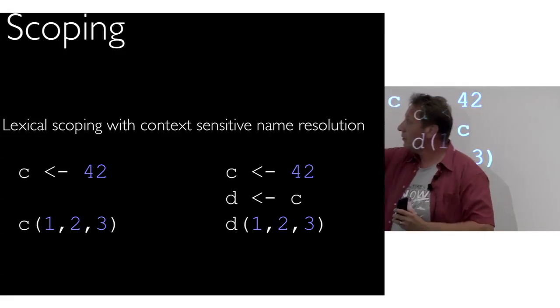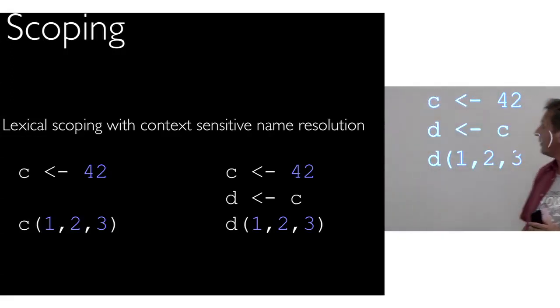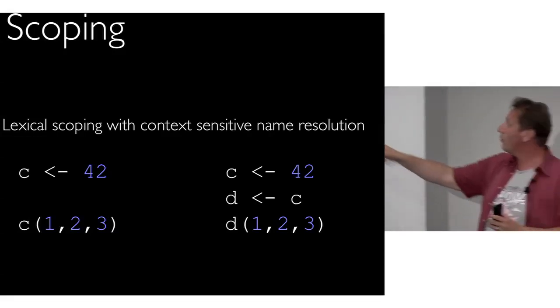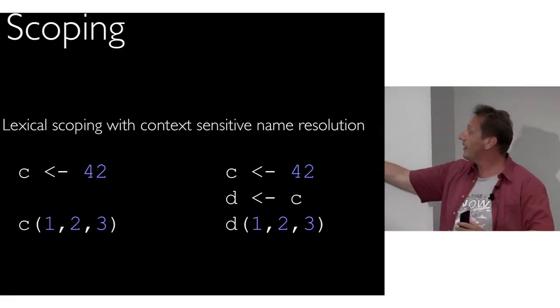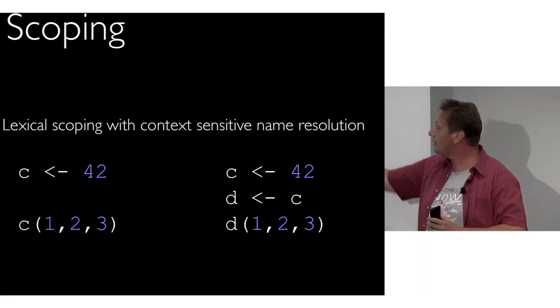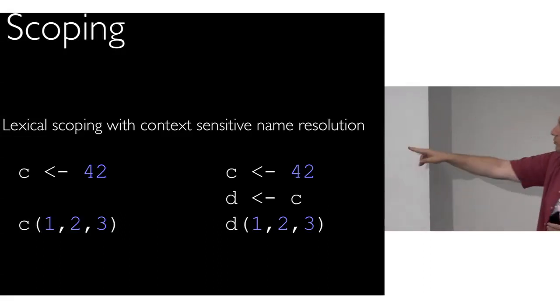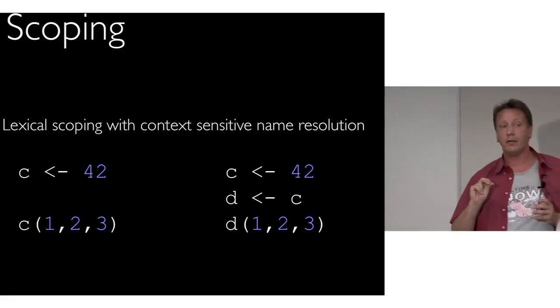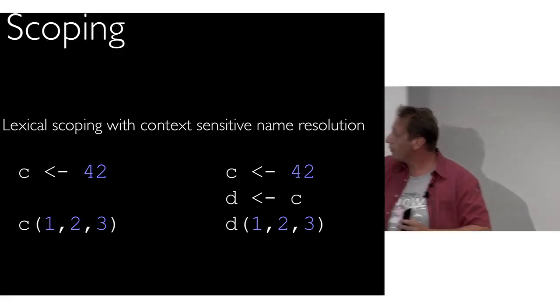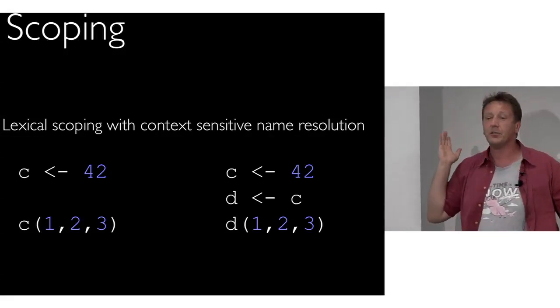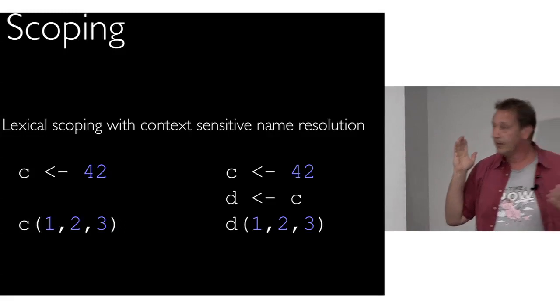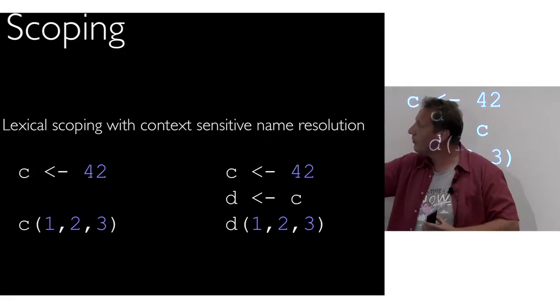This program runs fine, returns a vector. And I have another program which assigns 42 to C, assigns D C to D, and then calls D. And this one fails. Why? Well, obviously, I'm trying to call the number 42. That makes no sense, right? But this one worked. Why?